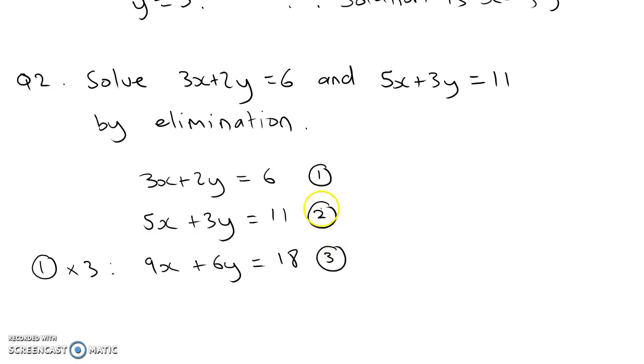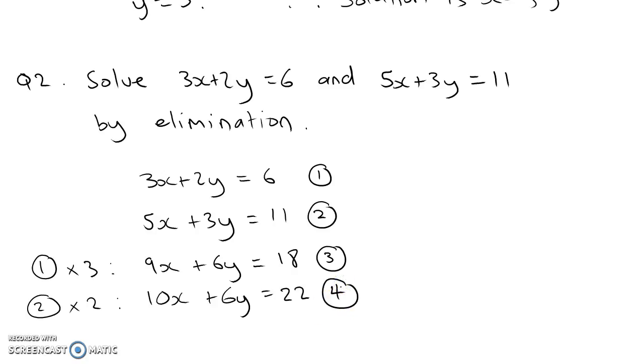If we multiply equation 2 by 2, that's going to give us a 6y, which we can then eliminate with this 6y here. So if we multiply equation 2 by 2, we'll get 10x plus 6y, 3 times 2, 6, equals 22. And we'll call that equation 4.